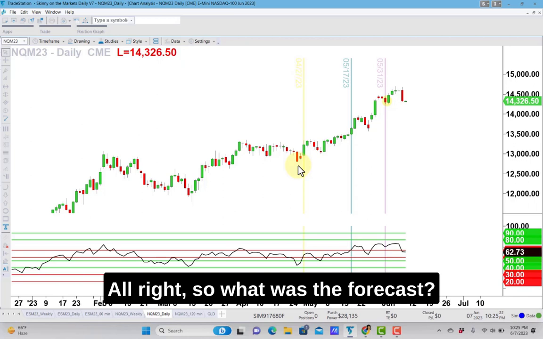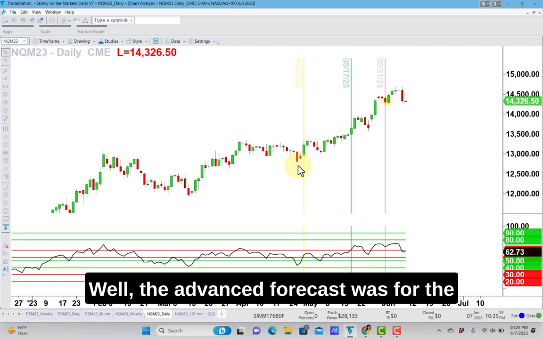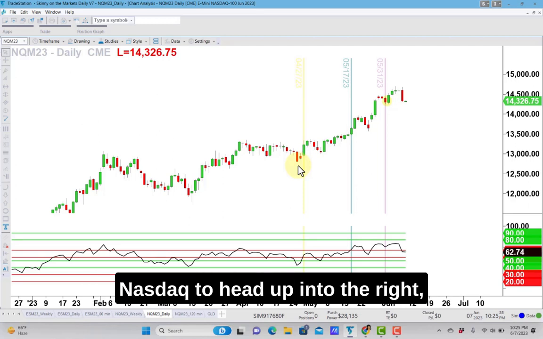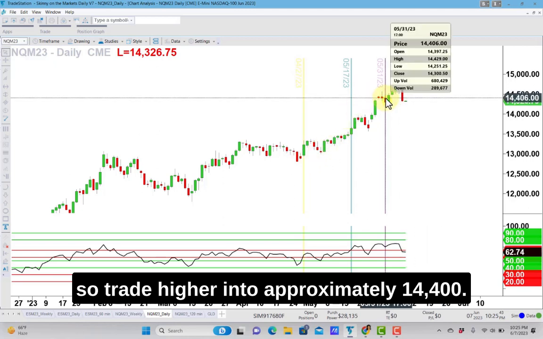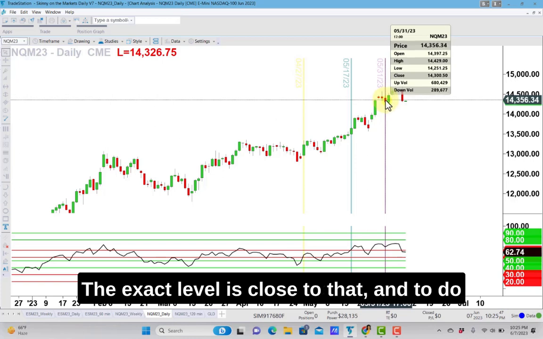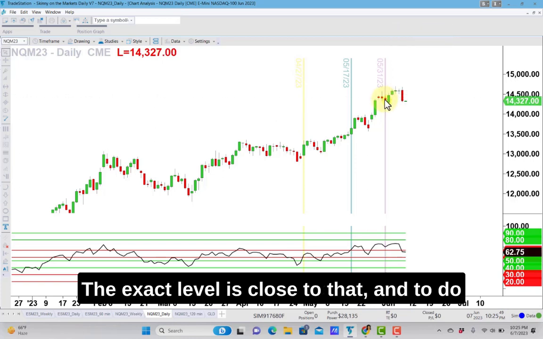All right, so what was the forecast? The advanced forecast was for the Nasdaq to head up and to the right, so trade higher, into approximately 14,400. The exact level is close to that.